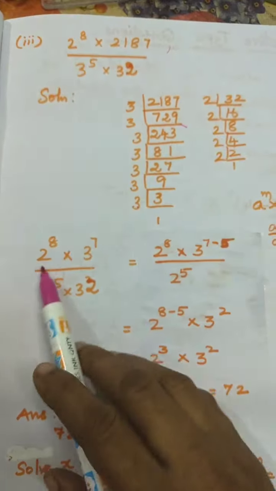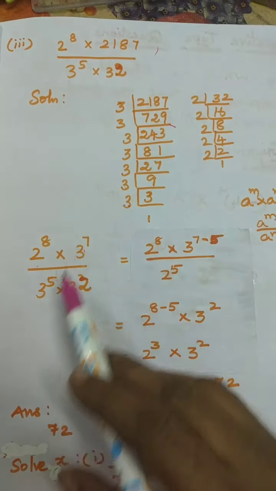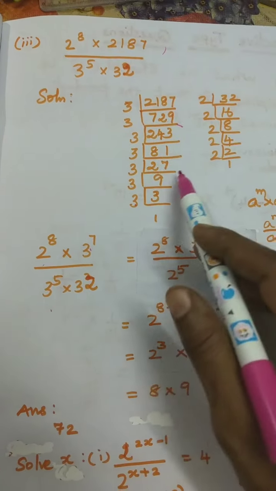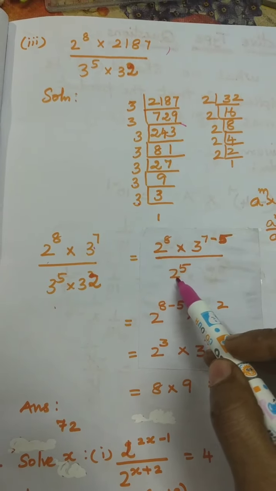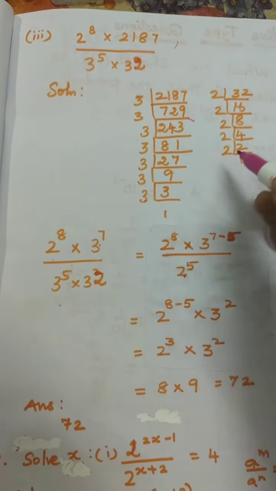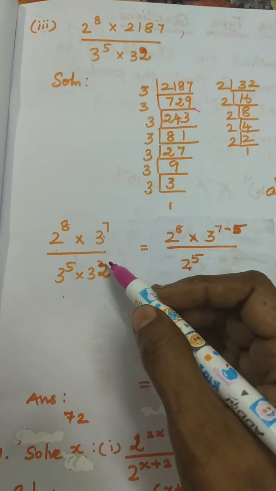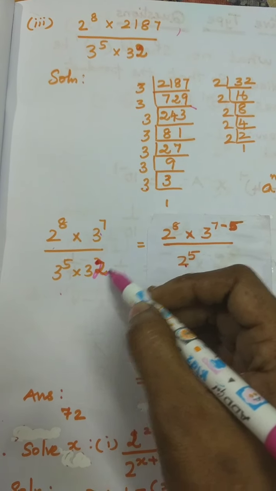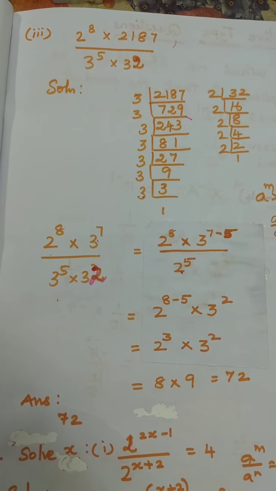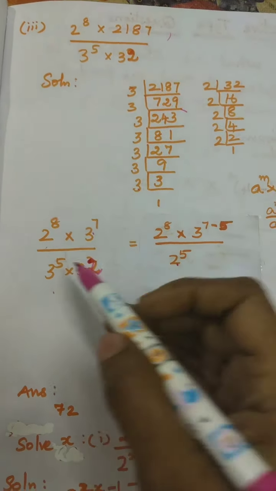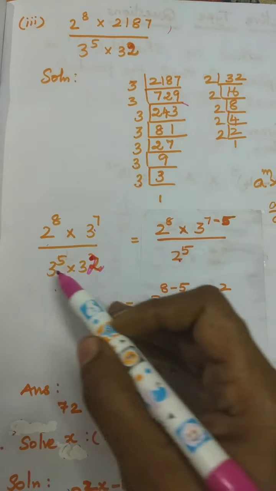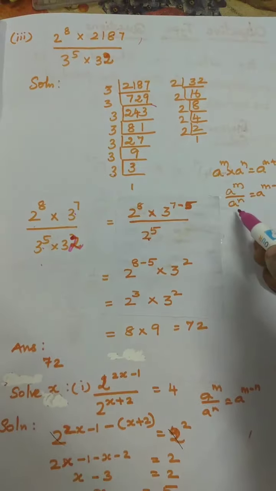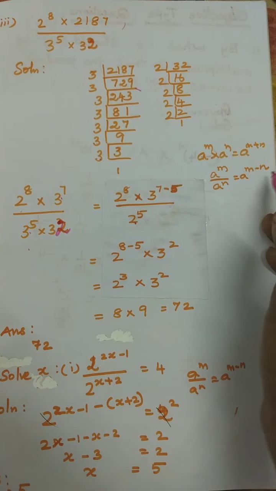So you have to substitute here 2 power 8 into 3 power 7 over 3 power 5 into, then 32 is 2 power 5. Okay, I didn't write 32, and the next step we'll write. Okay. That is 2 power 8 into, you have to bring this using the formula a power m by a power n equal to a power m minus n.